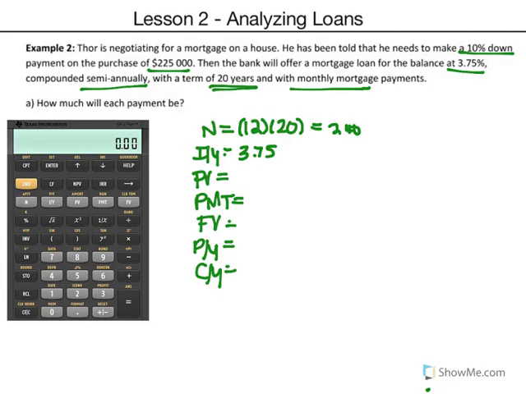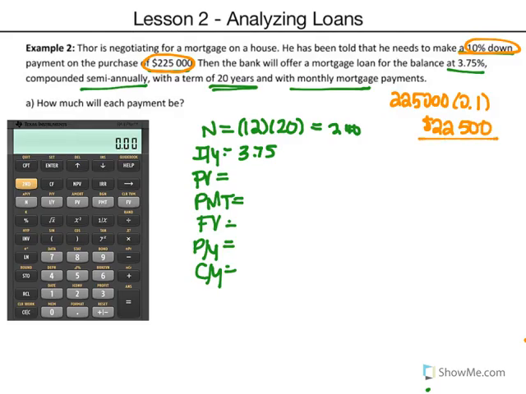We don't know his present value yet because we know that it's a $225,000 house, but we have to make a 10% down payment. So we're going to now decide what that 10% down payment is. So we'll take 225, multiply it by 0.1, and you get $22,500.